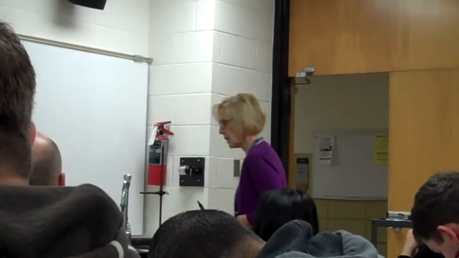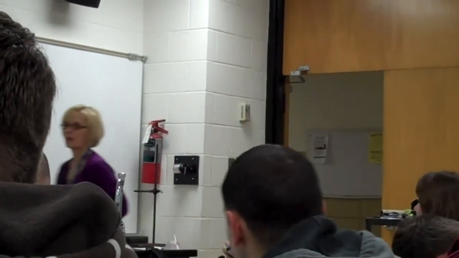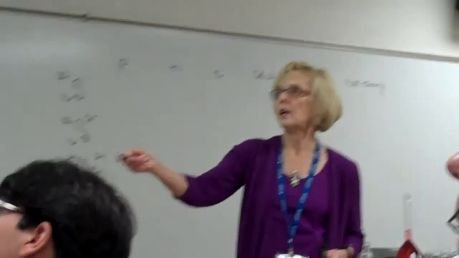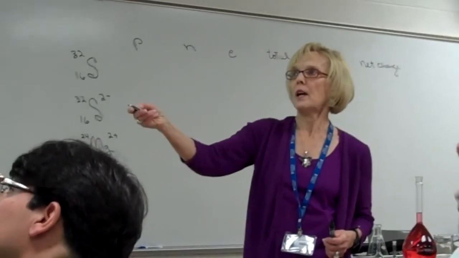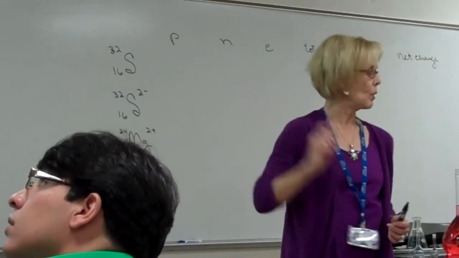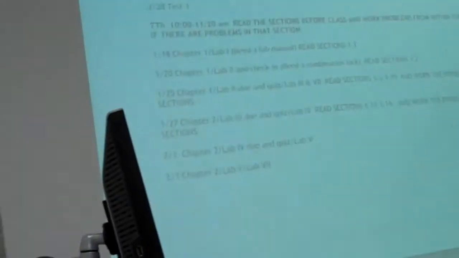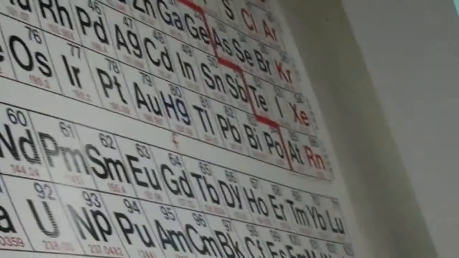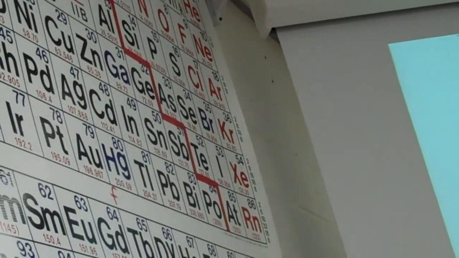Nitrogen, oxygen, and hydrogen. Those are the diatomics you need to know, and we're going to assume everything else is monatomic.